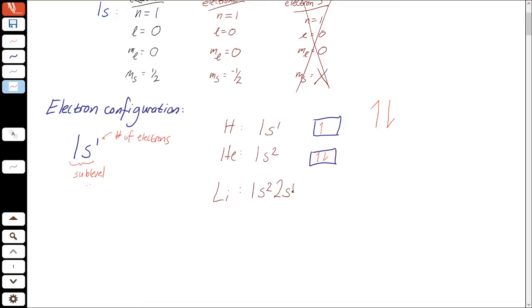So to draw a visual representation of that, we might show now something like this. So we've got the 2 electrons here and then the 1 here.